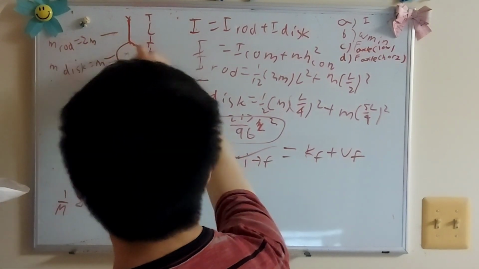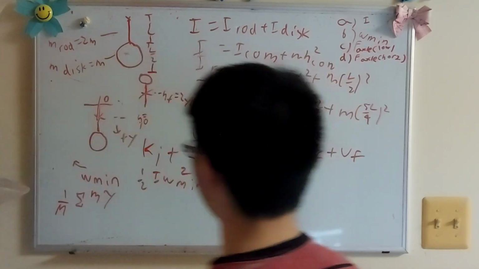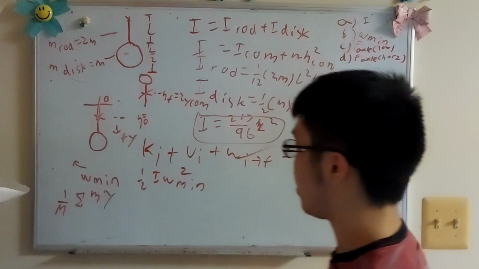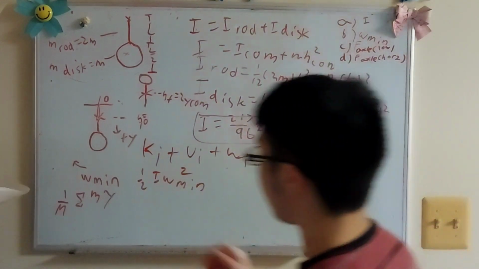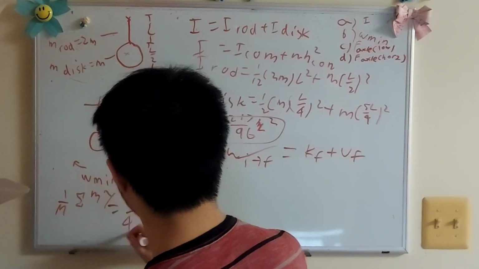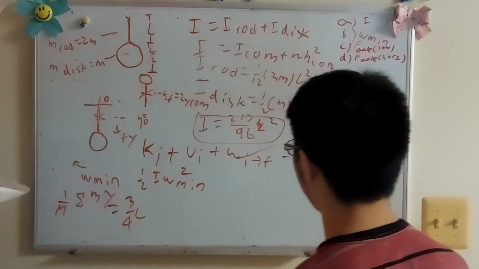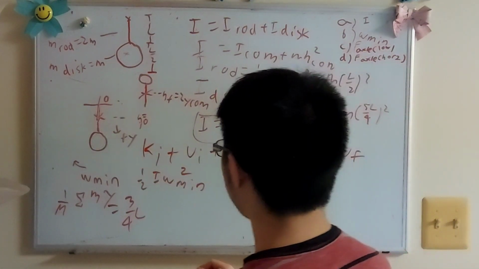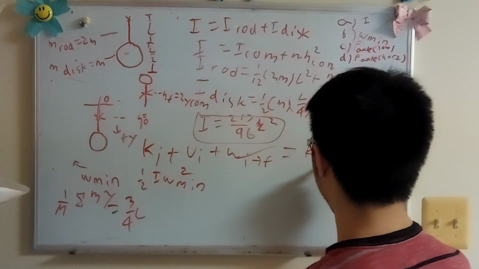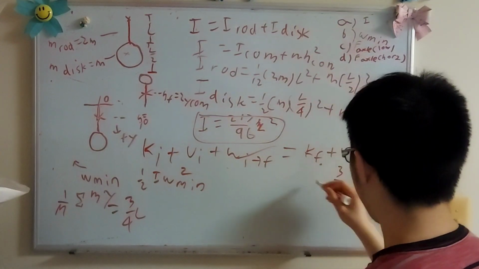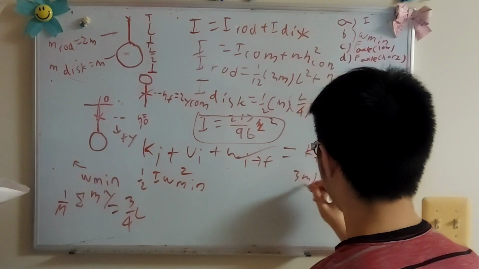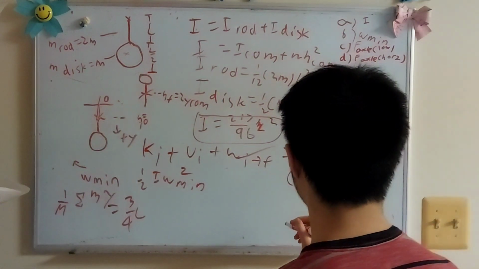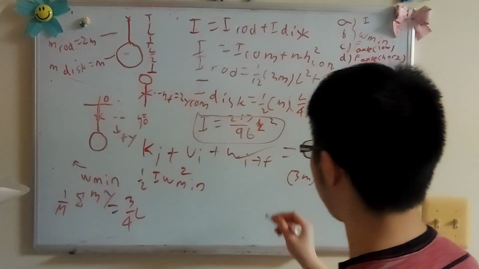You can pretty much figure out from what I said for the previous centers of mass and the previous masses to be able to find where the center of mass is. Well, I'll just give you the answer: 3/4 times L as its center of mass. That means its final height is going to be 3/2 L, which means that the total mass times the gravitational constant times its final height is going to be the final potential energy.